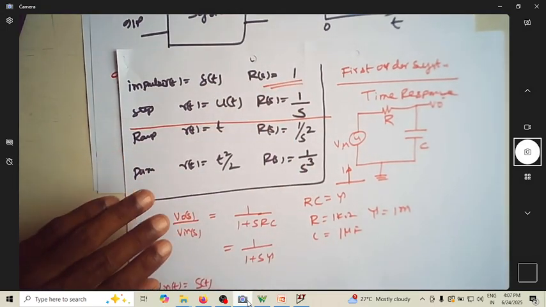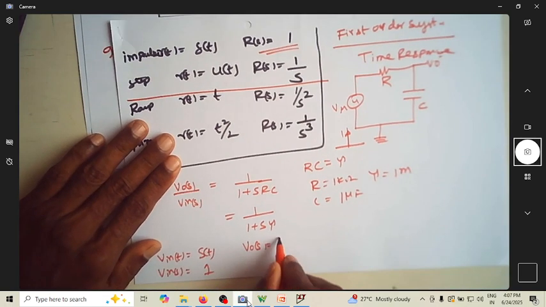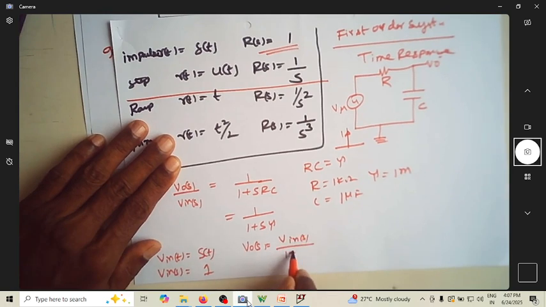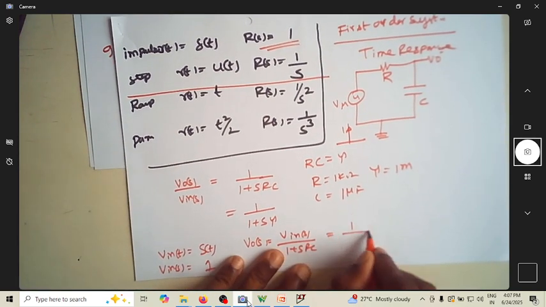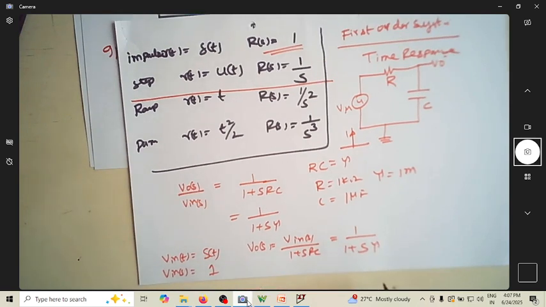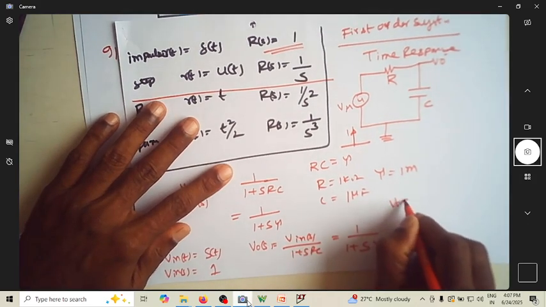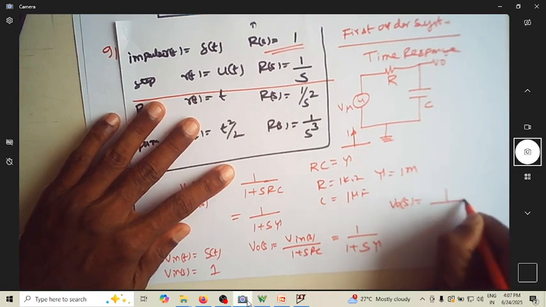So what is V naught(s)? V naught(s) is equal to V in(s) divided by 1 plus sRC. V in(s) is 1, divided by 1 plus s tau. So now we have V naught(s) equal to 1 over 1 plus s.